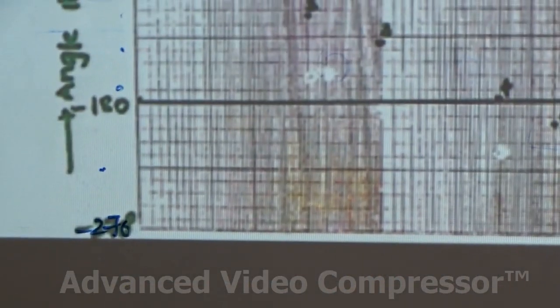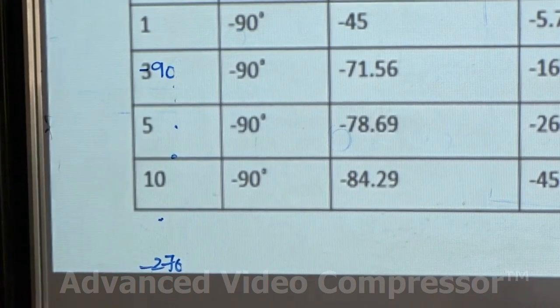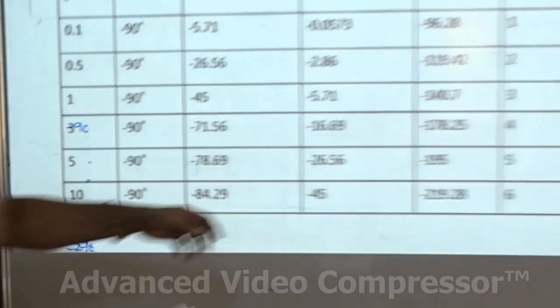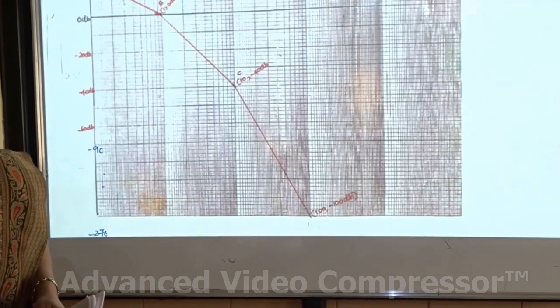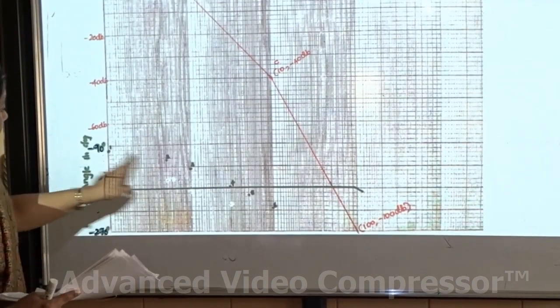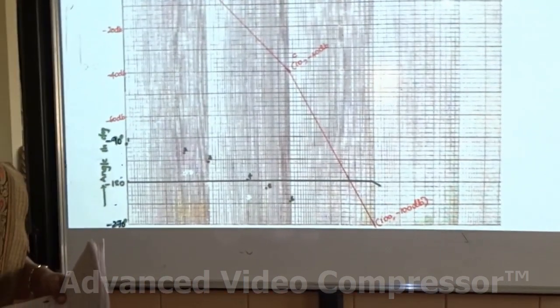Then start plotting on this. As we said, for this graph you have the points 1, 2, 3, 4, 5, 6. You have to plot them on the graph, and correspondingly calculate.